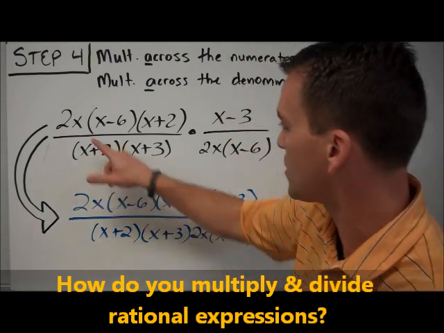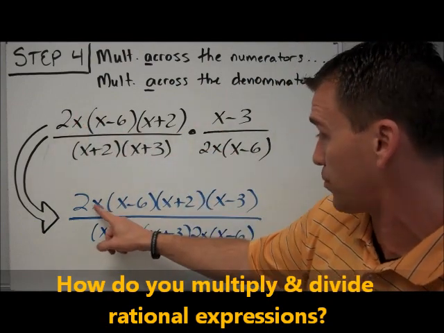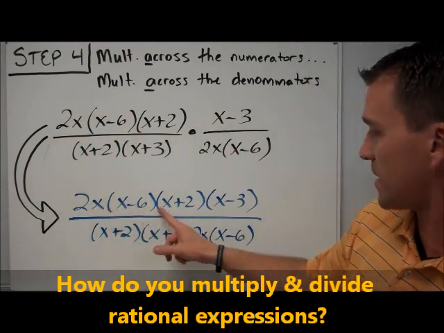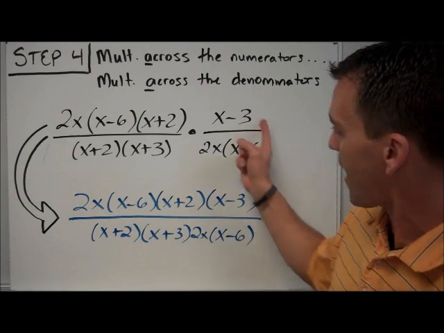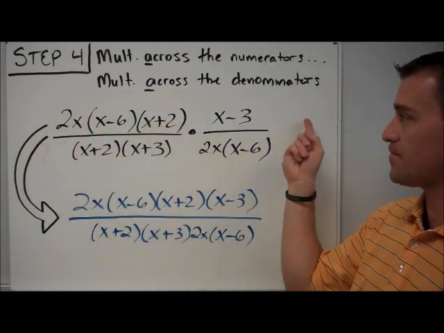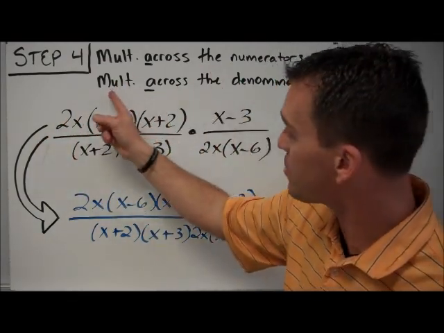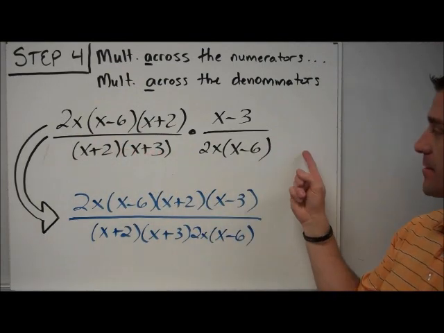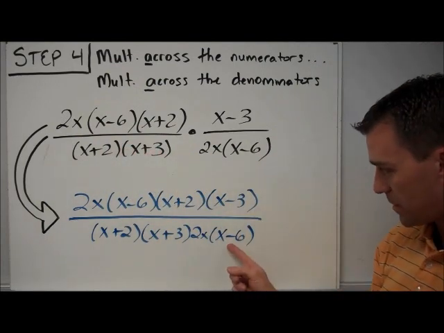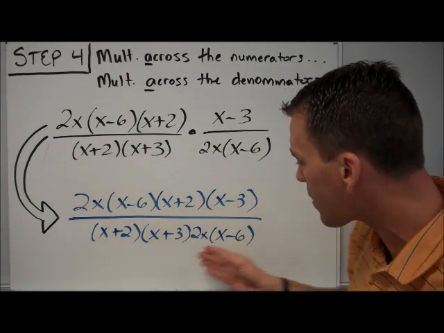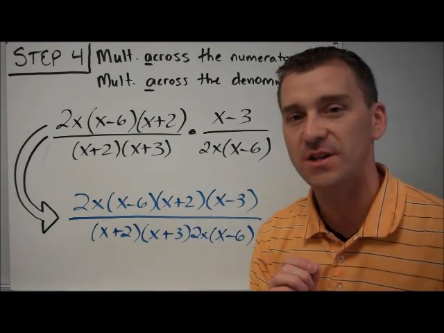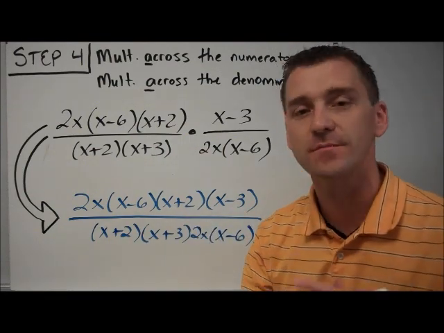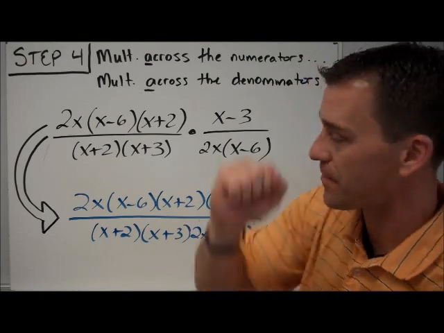Hope you heard that. So you take the numerators, and notice I just put them together. So it's 2x, x minus 6, x plus 2, and x minus 3. That's just multiplying across the numerators, and then you multiply across the denominators, and it just becomes this. So now we're setting up this ugly looking thing, of which in the next step you're going to see everything becomes very nice. So there's step number 4.